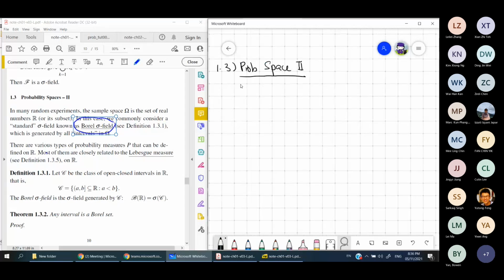Okay, so we cannot take... maybe let's put it this way. This is the picture here. When omega equals R, just now we said we cannot take F to be this.